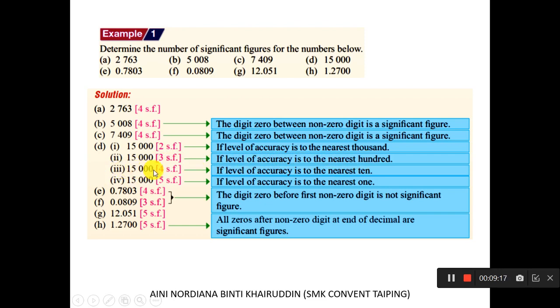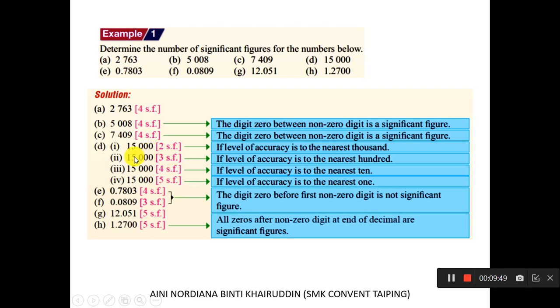We can also say 15,000 is four significant figures if the level of accuracy is to the nearest 10. 15,000 can also be 5 significant figures if the level of accuracy is to the nearest 1. So which is the correct answer? It depends on the question.